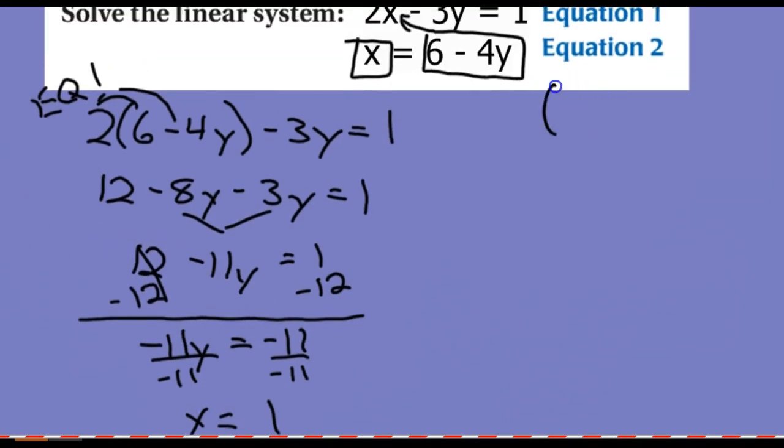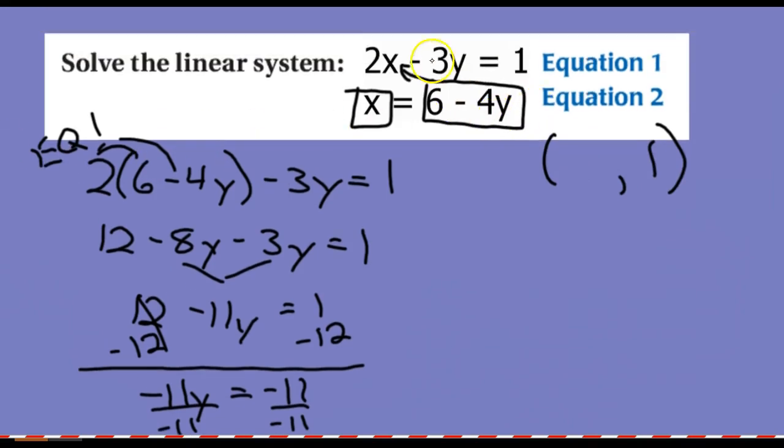So if y equals 1, we know we can put this in for any y that we have. We could put it in for the y on the top for equation 1, but since this one's already solved for x, we could just put it in for this y.